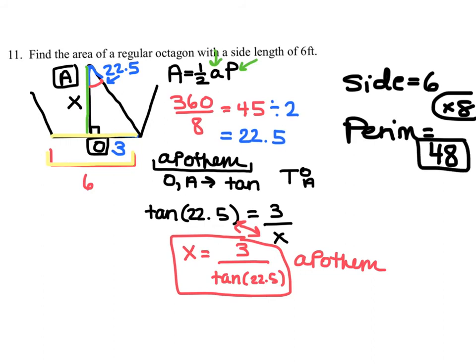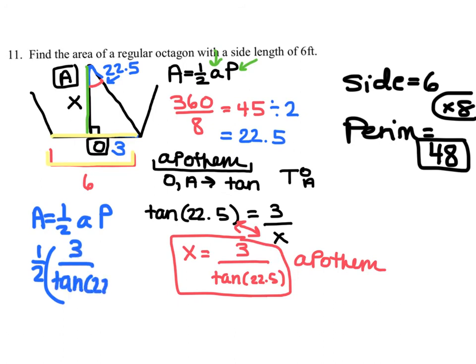Beautiful. So now I'm going to plug into my formula, 1/2 apothem times perimeter, which is 1/2 times my apothem, 3 divided by tan of 22.5, times my perimeter, 48.